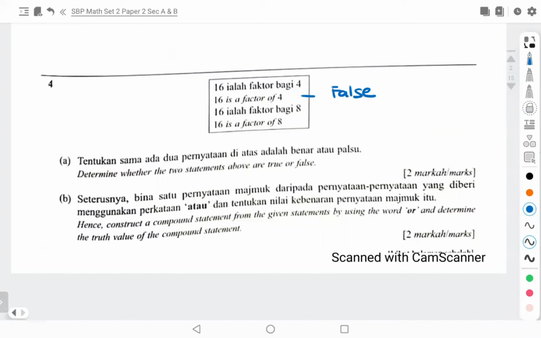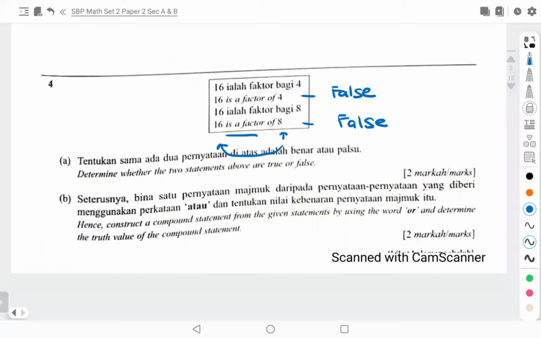What about the second one? 16 is a factor of 8, meaning can 8 be divided by 16? No. False. So the sequence is very important. Is a factor means this number can be divided by this number. So both sentences are false statements.